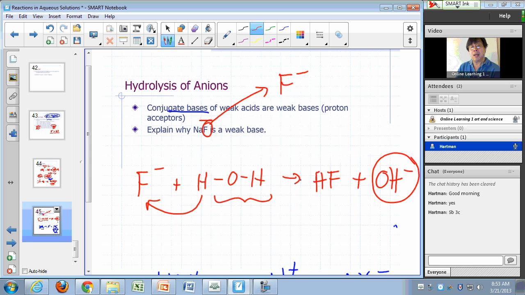So this explains why sodium fluoride would give you a basic solution with a pH higher than 7. Anytime you have ions that can react with water to form H plus or hydroxide, that could alter the pH of your solution.